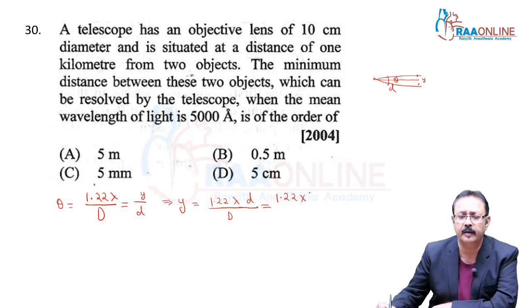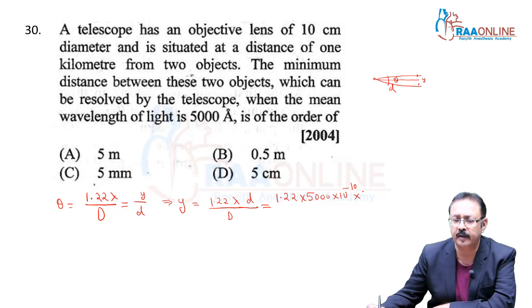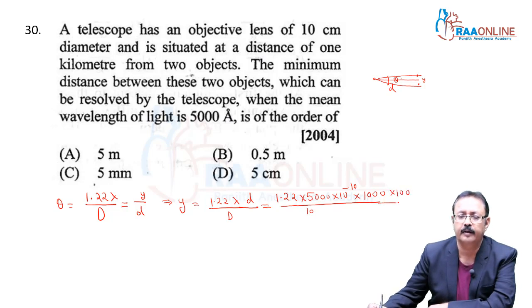What is lambda? 5000 into 10 to the power minus 10. What is the distance? The distance is 1 kilometer, means 1000 meter. What is capital D? The diameter is 10 centimeter, means 10 upon 100 meter. Cancel this 0 with this 0.